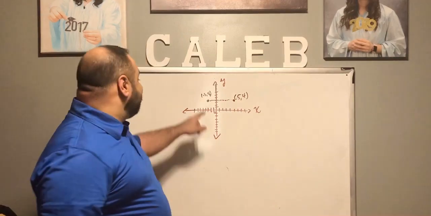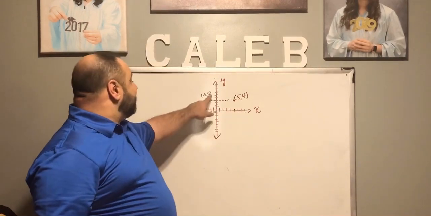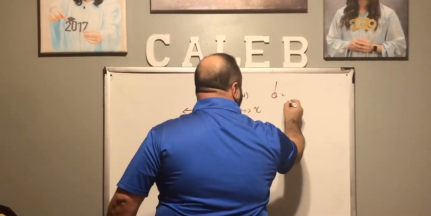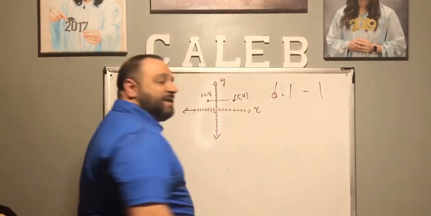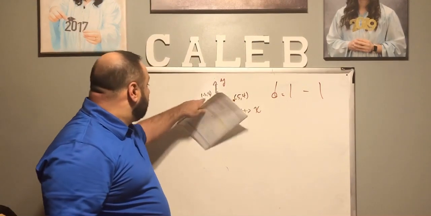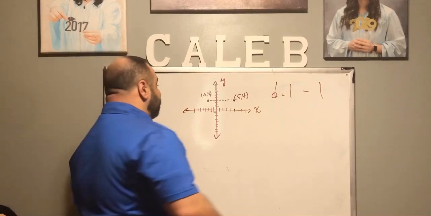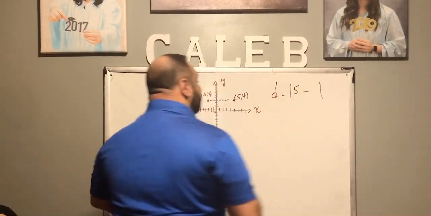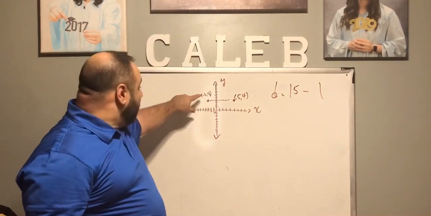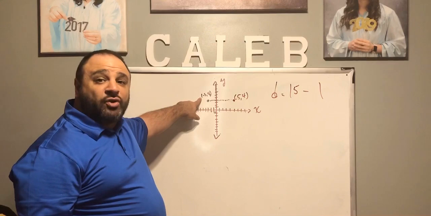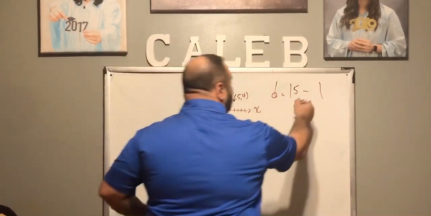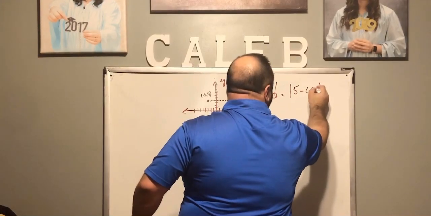Since they have the same y number, the same ordinate, we're going to find D equals the absolute value of the difference between the two x's, the abscissas. So, 5 minus... now I want you to notice here, in the formula we have a minus sign, but here we have a -3. So you want to make sure you pay attention to your sign. I'm going to put the sign in there, -3.